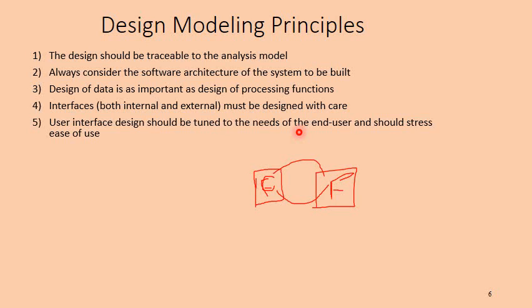No matter how complicated its internal function, how comprehensive its data structure, or how well designed its architecture, a poor interface design leads to the perception that your software is bad.